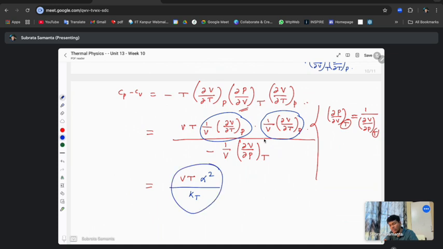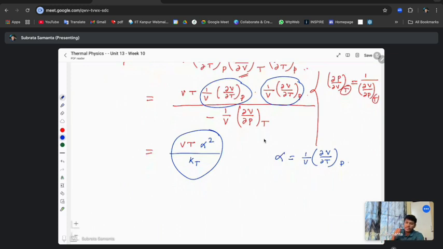Where alpha is 1 over V del V del T at constant pressure, and Kt is minus 1 over V del V del P at constant temperature.